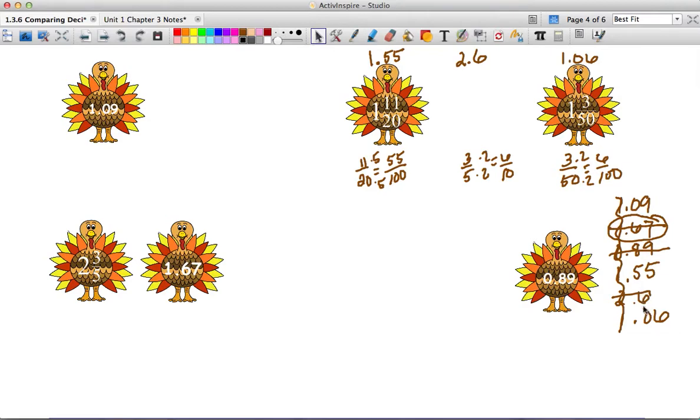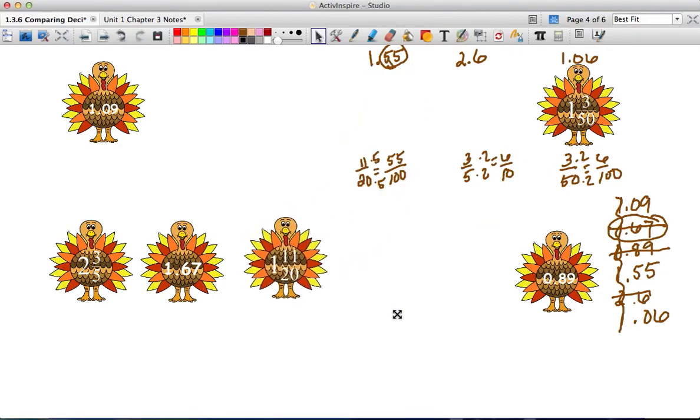Okay, and then the next biggest number, I have 0, 5, and 0. So again, whatever had the 55 hundredths, in this case, here's the 55 hundredths, but the number was written as a fraction first, so we write it as a fraction in our sequence.